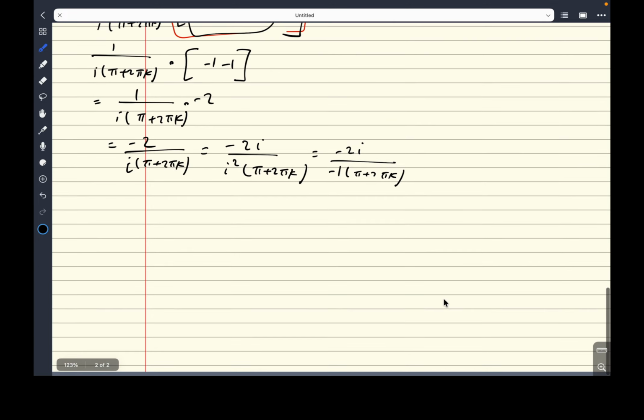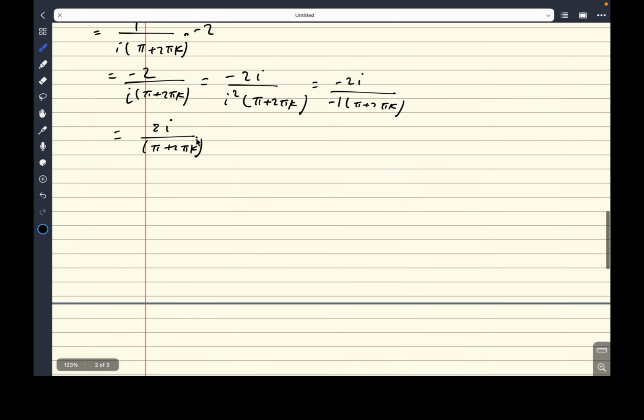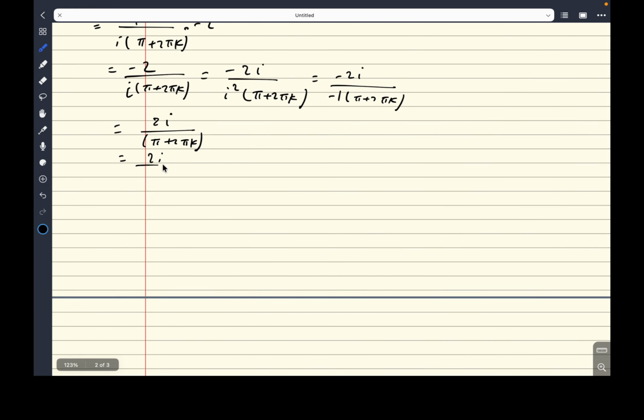So these two negatives are going to cancel out, and I'm going to be left with 2i divided by (pi plus 2 pi k). And I can factor out pi here: pi times (1 plus 2k), where k is an integer.